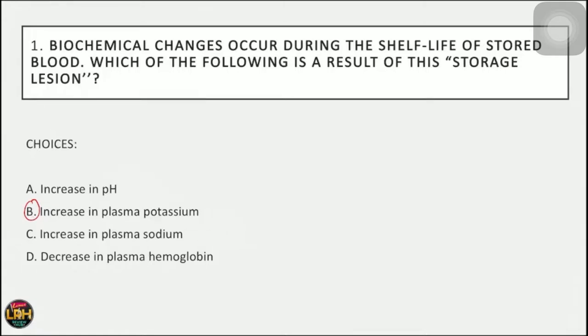So the glucose, hence the ATP, as well as sodium, pH, 2,3-biphosphoglycerate, and also the percentage of viable cells are observed to be decreased.